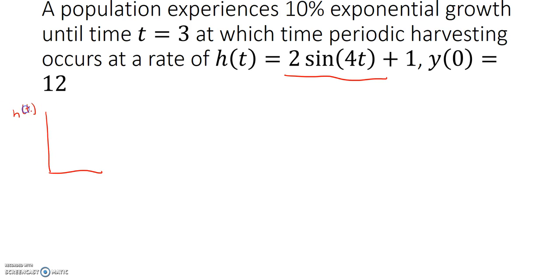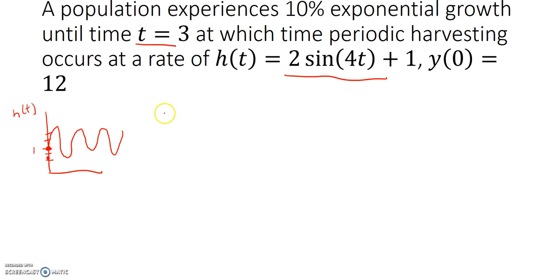So what I essentially want to do is look at my harvesting function, h of t. The function 2 sine of 4t plus 1 has a center line of 1, amplitude of 2, and then my frequency here, I'm not going to actually deal with, but it's going to look something like this, right? So, bad sketch, but what I want to do is take this point right here, and shift that over 3 units so that the sine function begins where it would normally begin at time equals 0, at time equals 3.